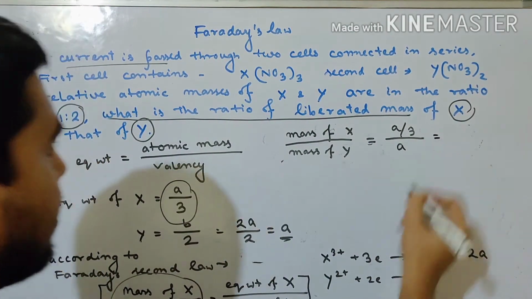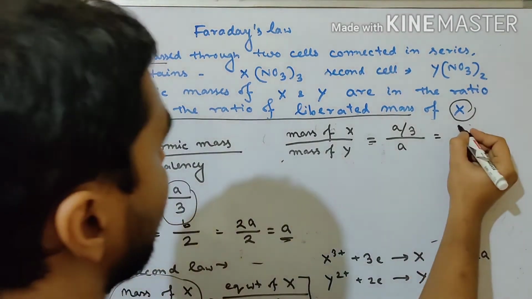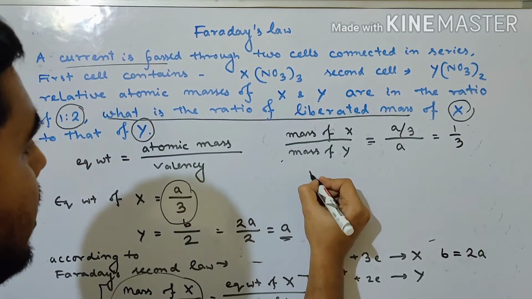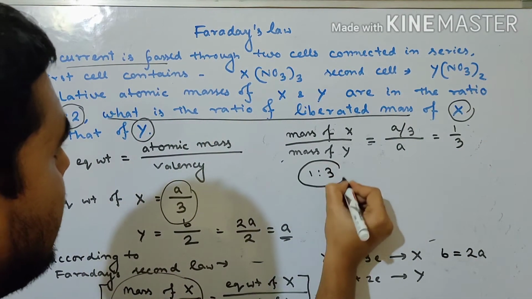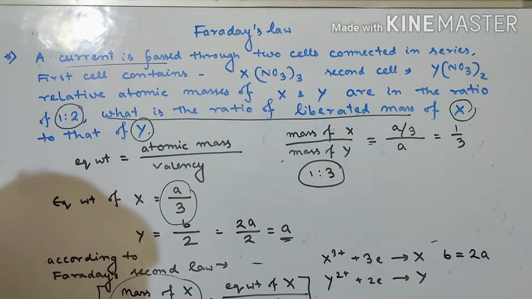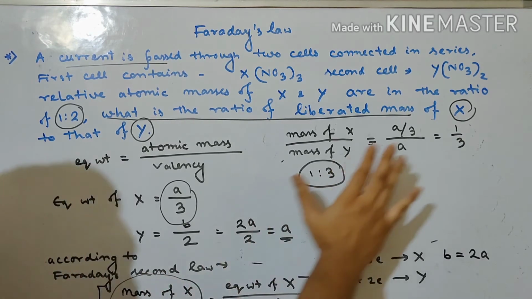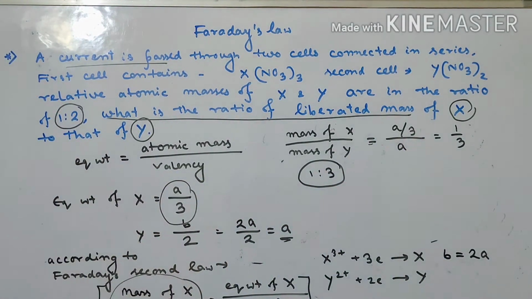So we are getting this value as 1 by 3. So the ratio is 1:3, and that is the final answer for this particular question. So this is how it is to be solved. First of all, we have written Faraday's law, and as per Faraday's law, the mass ratio we have kept on the left hand side, and accordingly we have calculated on the right hand side.